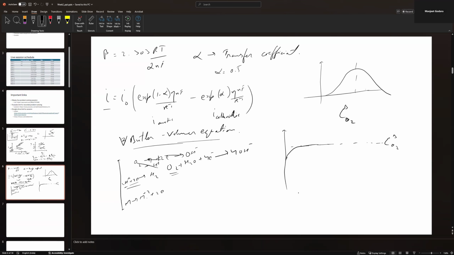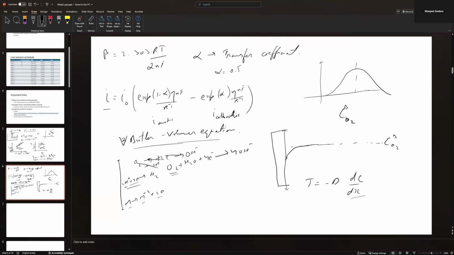You may increase the potential as much as you want, but since there's no oxygen at the metal surface to react and take the electrons from the metal, the current won't increase beyond what is limited by diffusion. The diffusion can be given by Fick's law, J equals minus D dC by dx.